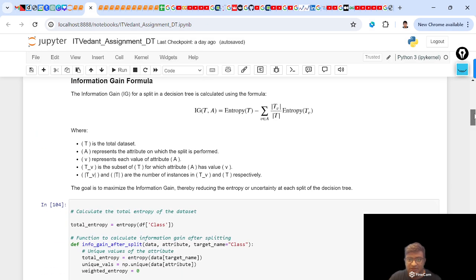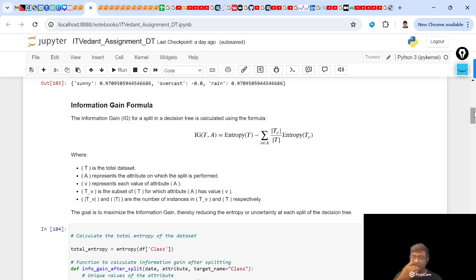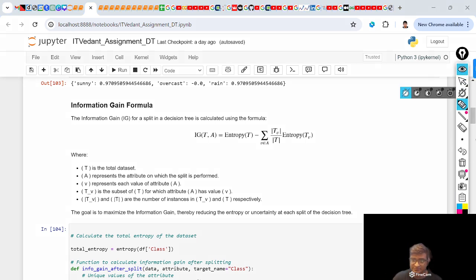Now, entropy is not the only parameter we need to find out. We need to find the information gain, which will help us understand which features to select. As I said, we have Outlook sunny, Outlook overcast, and Outlook rain.